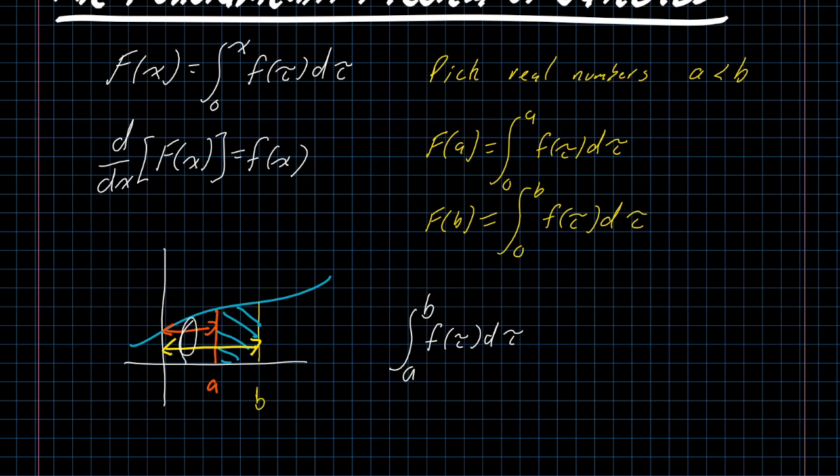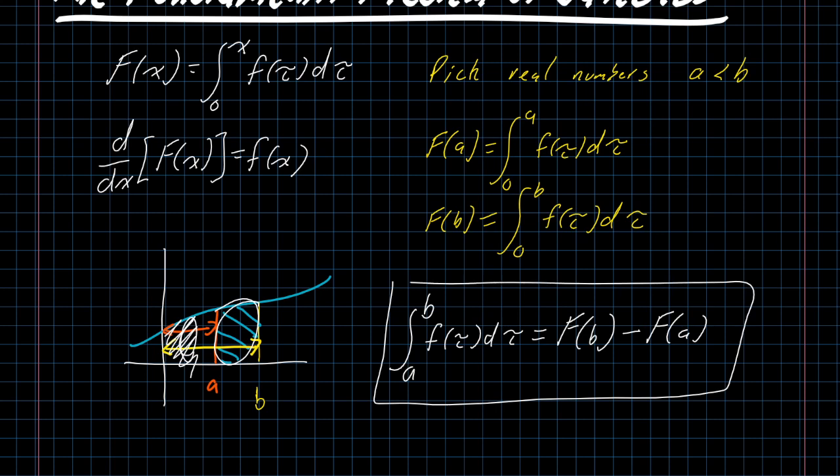Since they overlap on this part, if I subtract big F of b minus big F of a, that means that this part of the area gets canceled out, and we're just left with the area between the two values, which is the integral that I wrote down to start.